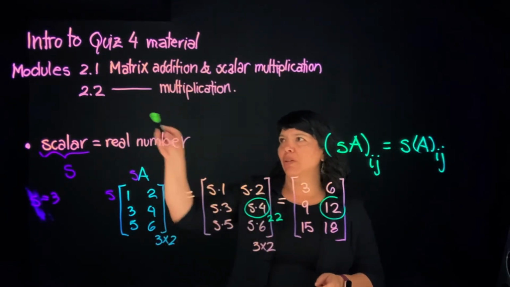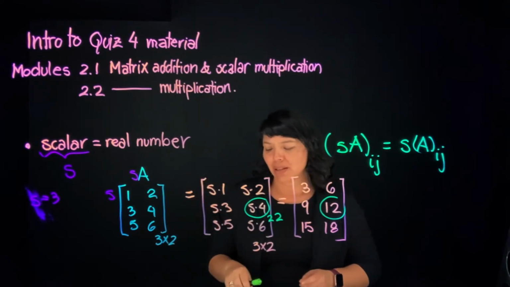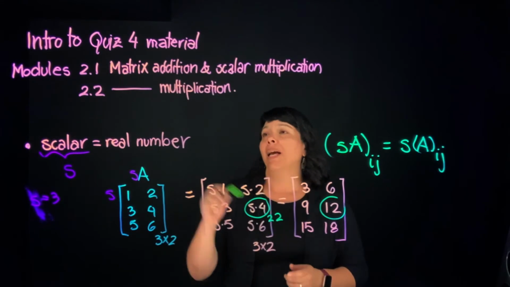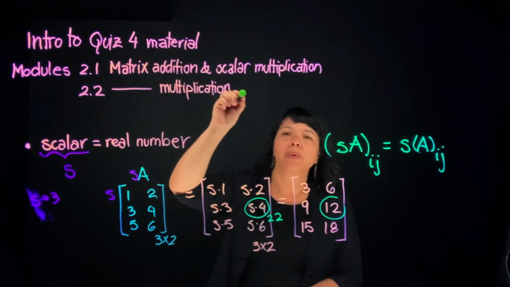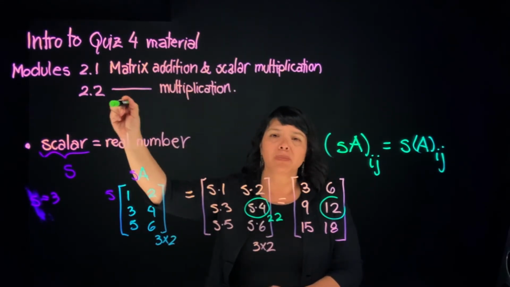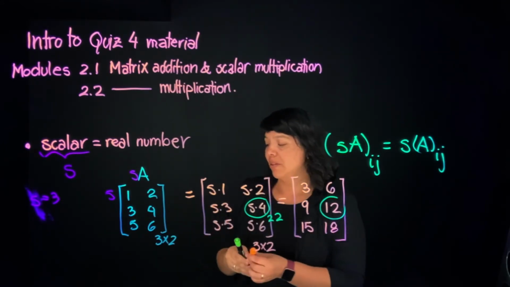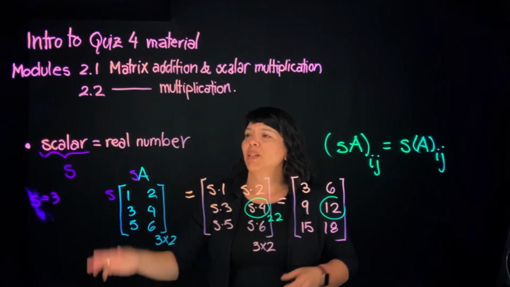And finally, we're going to go over matrix multiplication. It's a little bit more involved, but nothing impossible. I do recommend you practice a lot of matrix multiplication so you get used to it, because we're going to need it for the rest of the course. But let me just erase this.